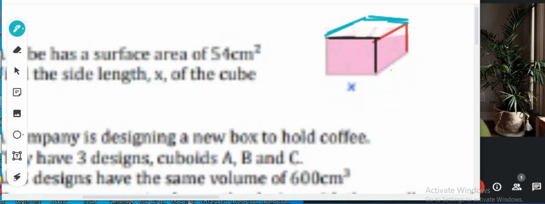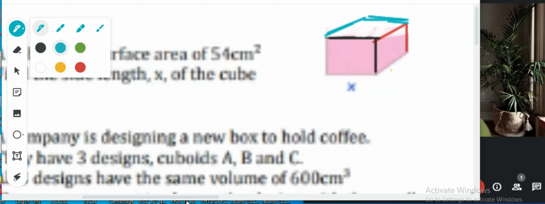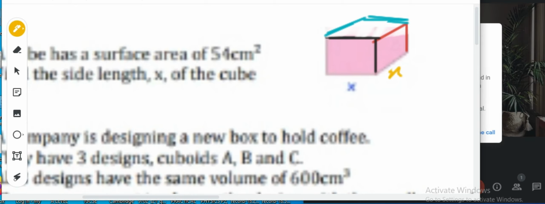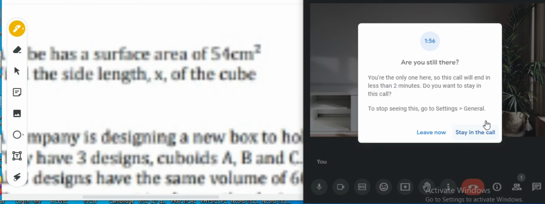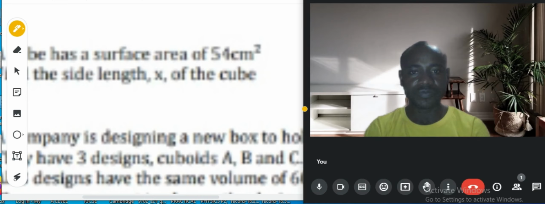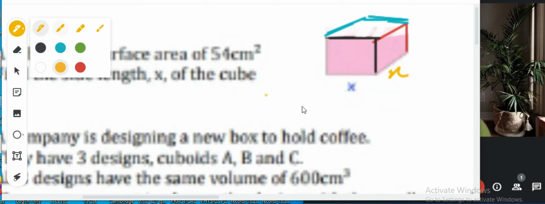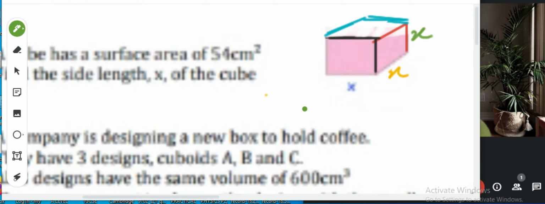Let me use a different color marker to label the other side. This is x. This is also x. So each area will be labeled. For this face, the area is x times x.